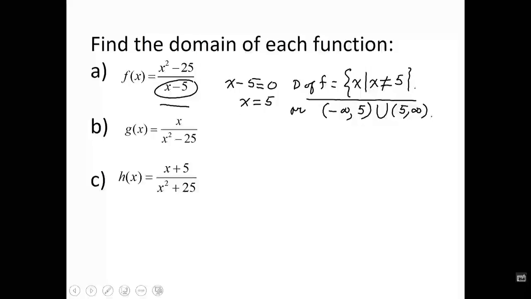In the next example, B, we have the rational function g of x is equal to x divided by x squared minus 25. So again, we want to know when we are dividing by 0. So let's find out when x squared minus 25 is equal to 0.